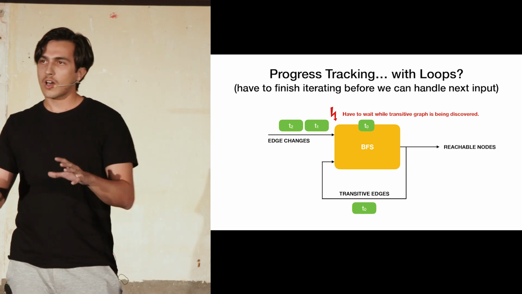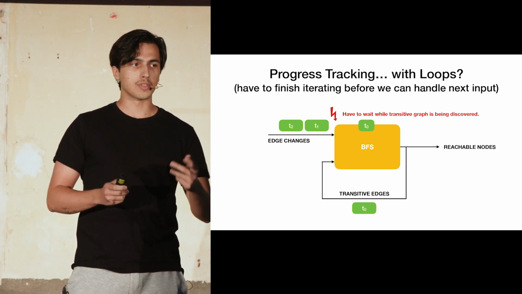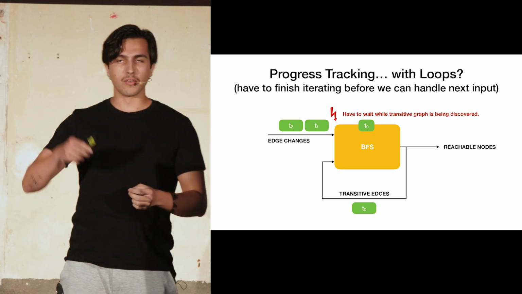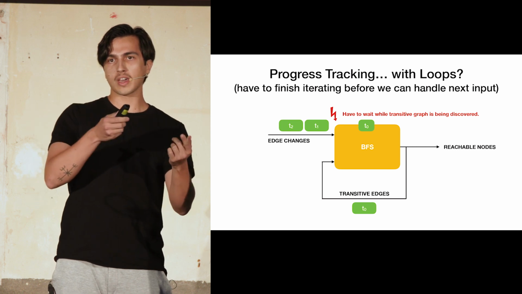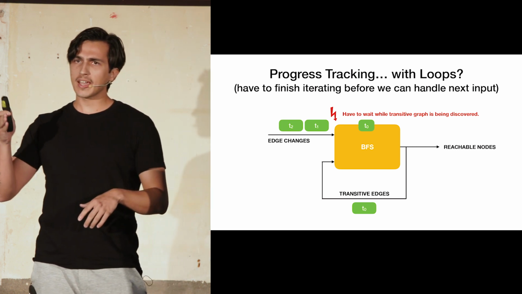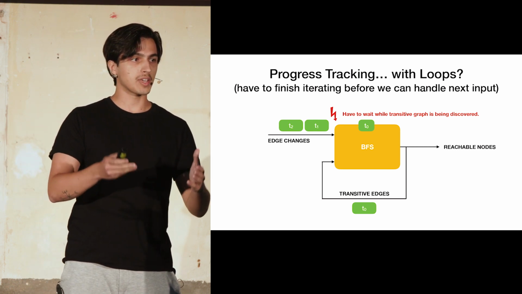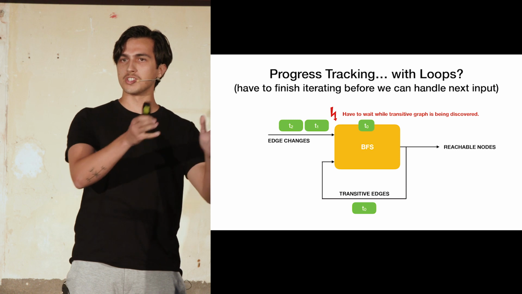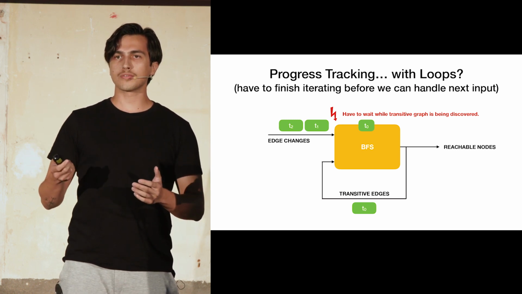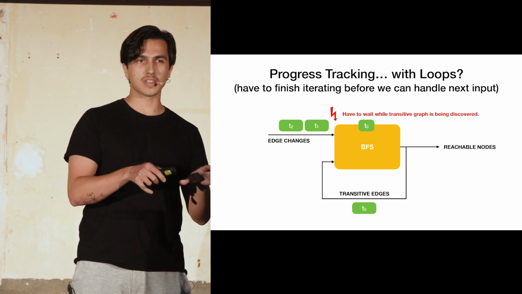Now, this looks a lot like the problem that we had with the join operator with two inputs, because again, we can run into an issue where the feedback edge, for example, is blocking the input edge and vice versa. And why is that? If we again think about the changes to our graph in terms of database transactions, so we get updates at T0, T1, T2, etc., we have to perform all of the iterations for transaction T0 before we can start processing subsequent transactions.